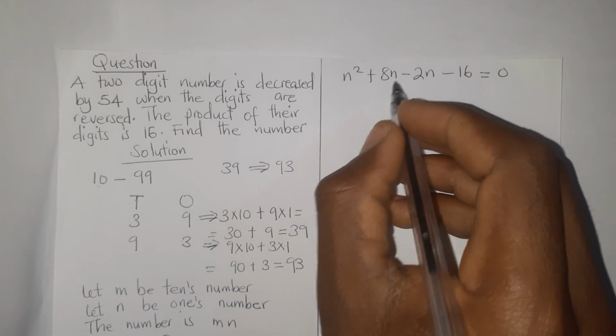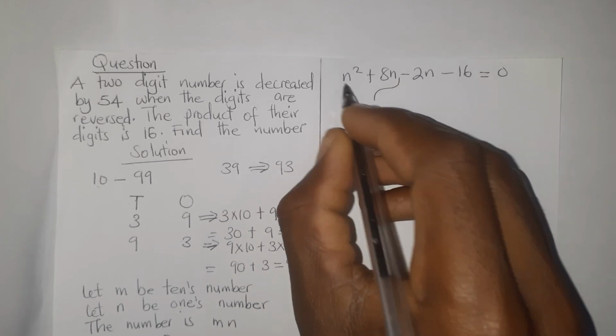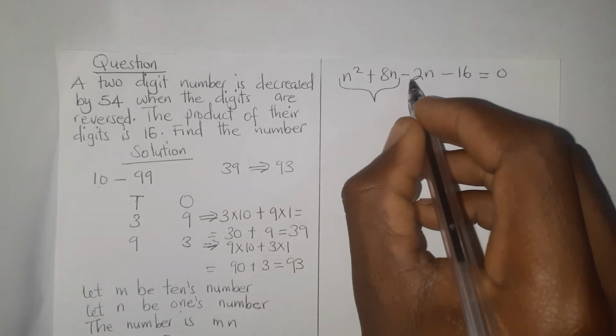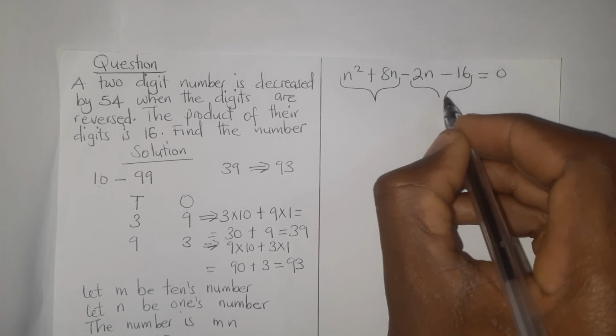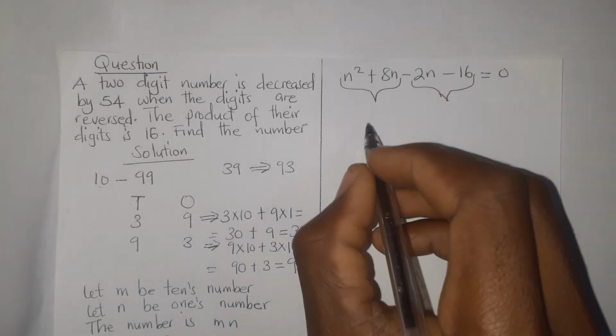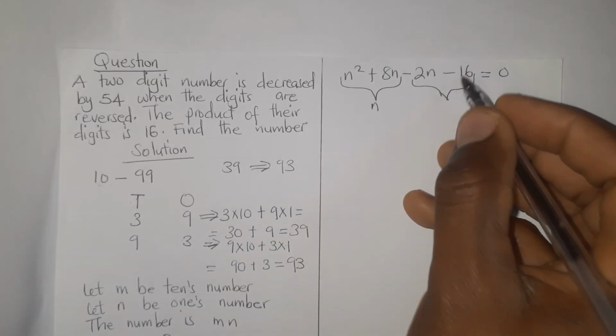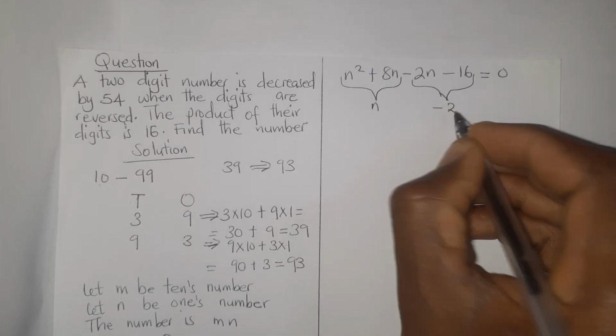Now we find the common factor. The common factor here is n, and the common factor here is negative 2.